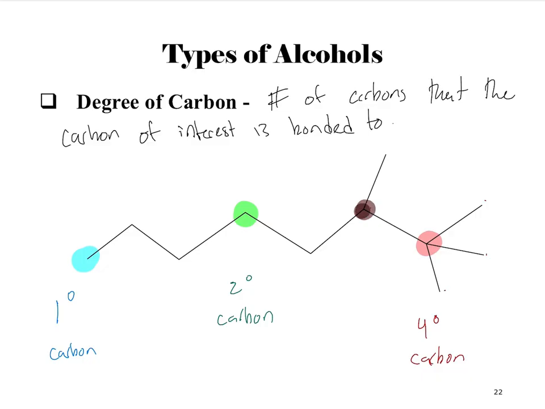What degree is that one? 3rd degree carbon. Right, so the degree of the carbon is just based off of the number of carbons it's bonded to. The classification of the alcohol is dependent on the degree of the carbon that it's bonded to.